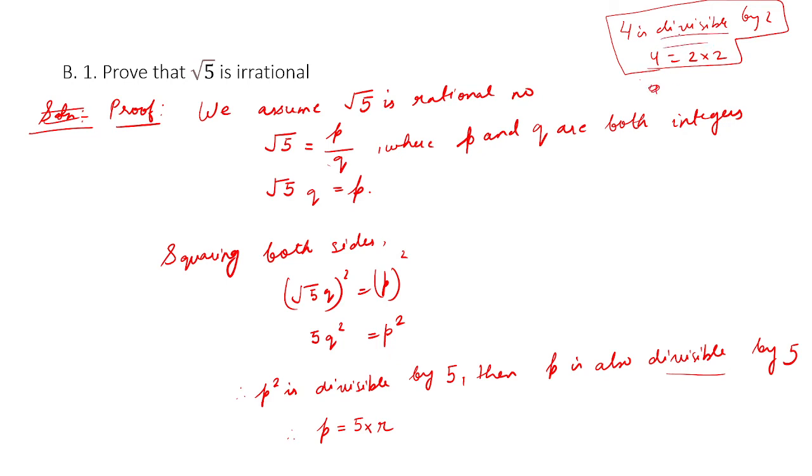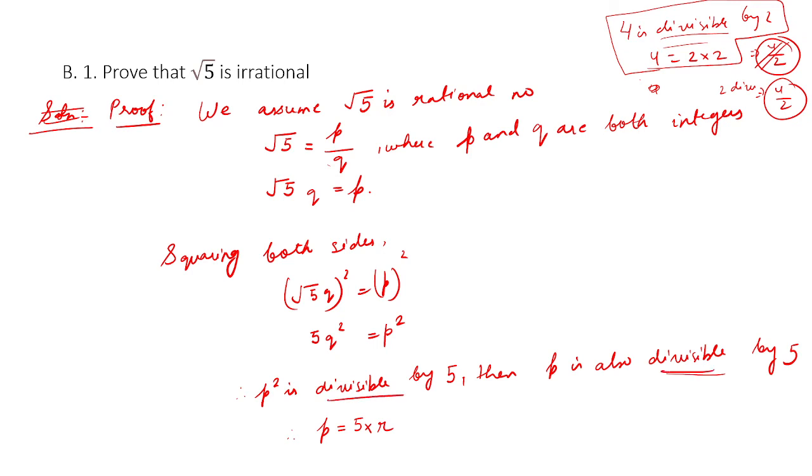Just listen to the statement: 4 is divisible by 2 means 4 can be written as 2 into 2, or it also means 2 divides 4, okay. Just be clear.